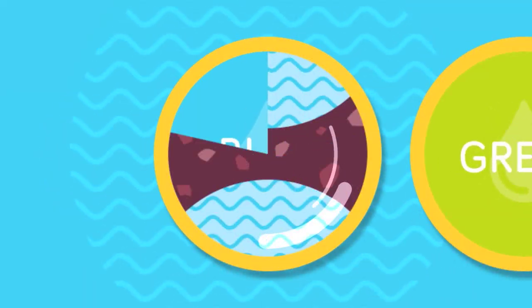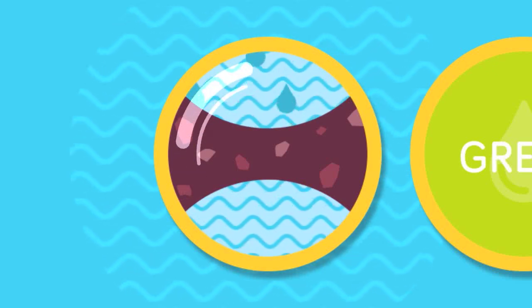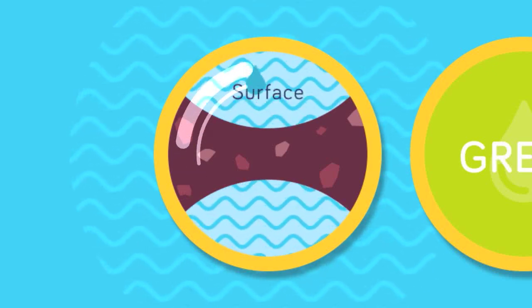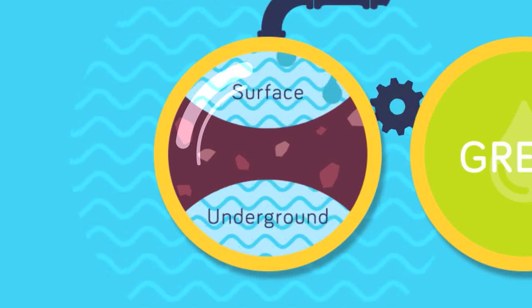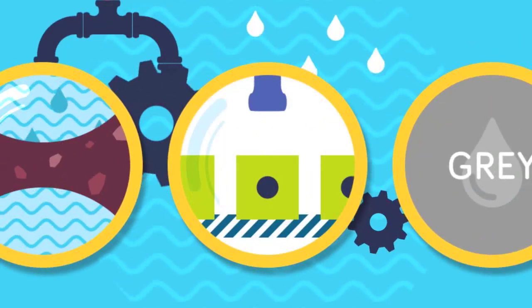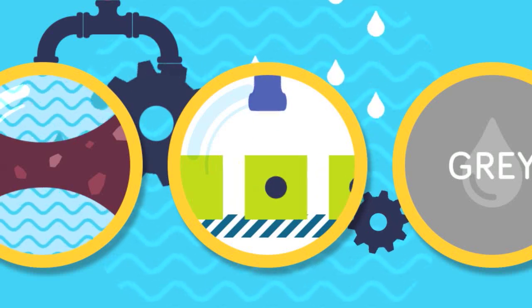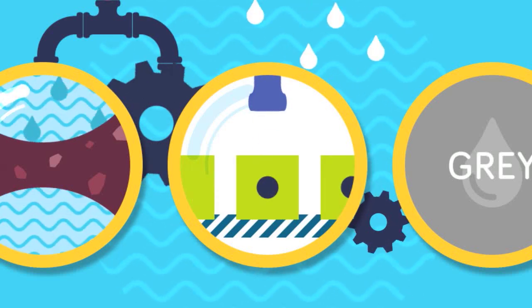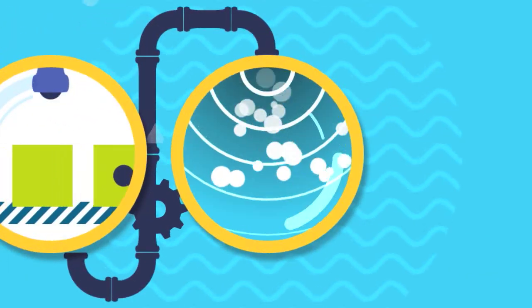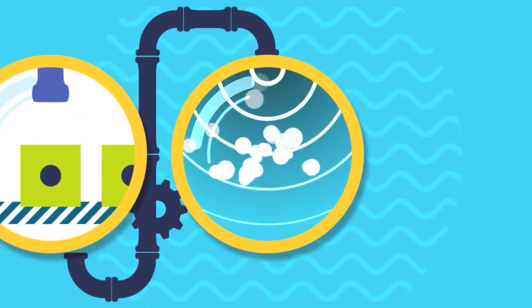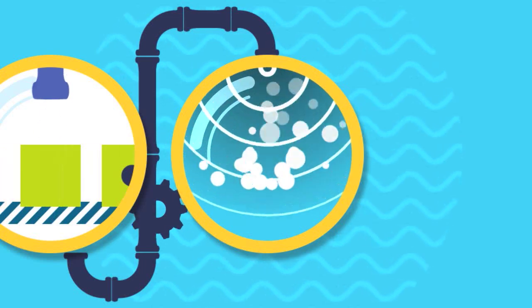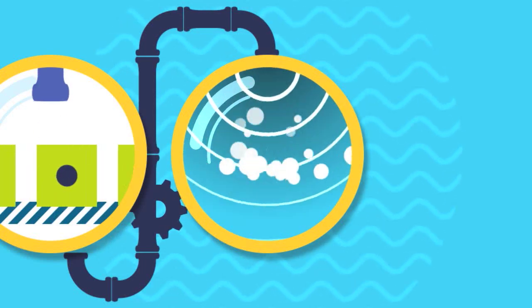The blue water footprint refers to the volume of surface water and groundwater consumed. The green water footprint refers to the volume of rainwater in raw materials, which is trapped as moisture in these materials. The gray water footprint refers to the volume of fresh water that is required to dilute and assimilate the load of pollutants or discharges.